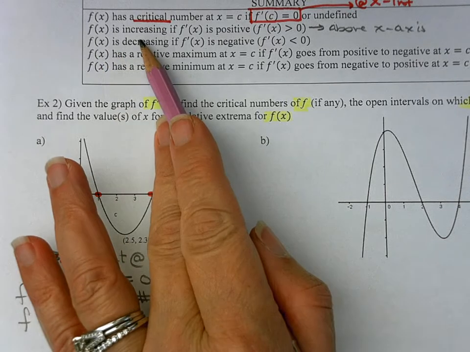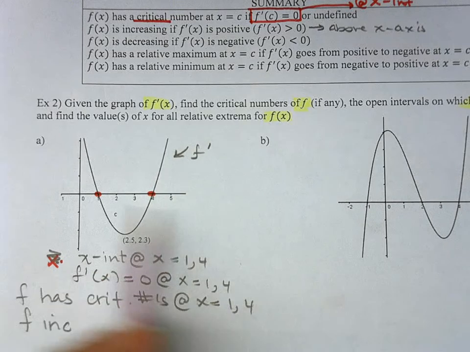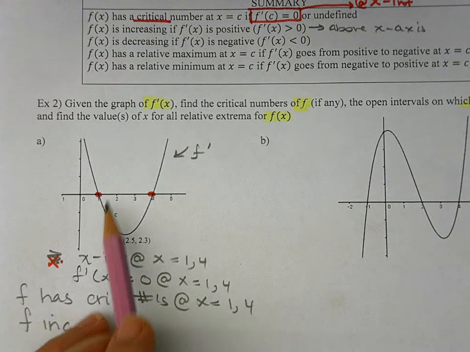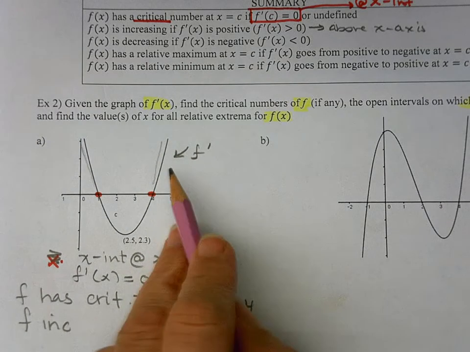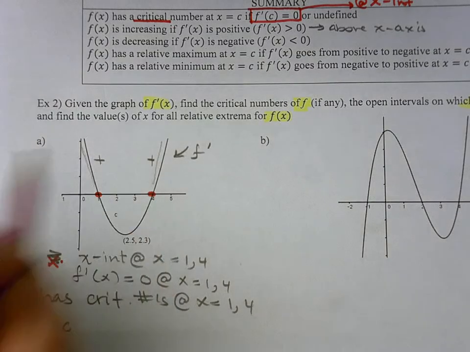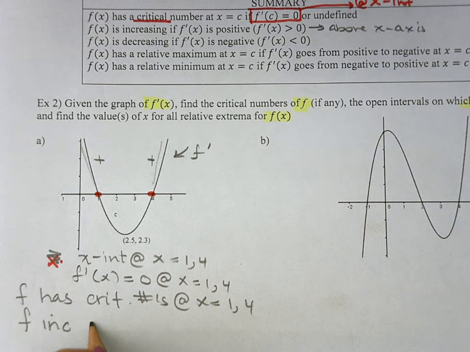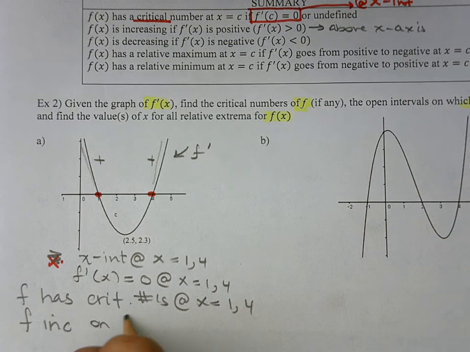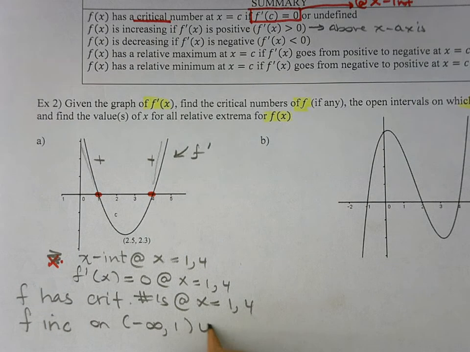I want to fixate on where f prime is positive, because this is a picture of f prime. f prime is positive when it is above the x-axis, so that would be here and here. So f is increasing where f prime is positive, from negative infinity to 1, and then again from 4 to infinity.